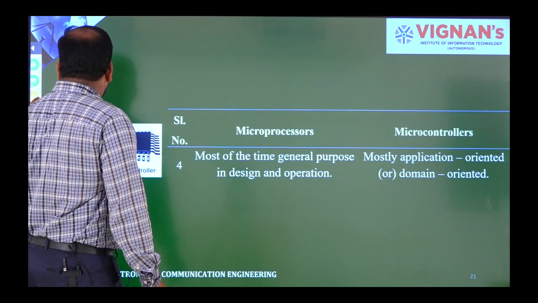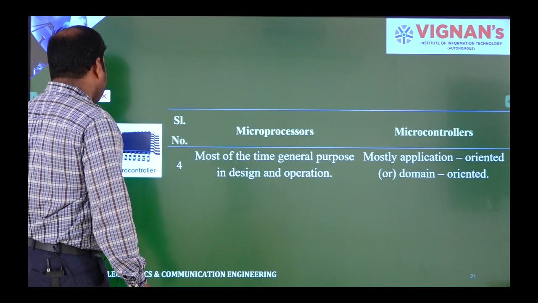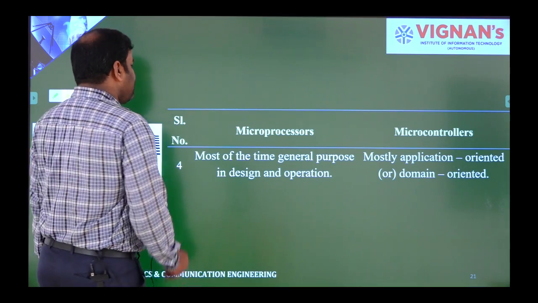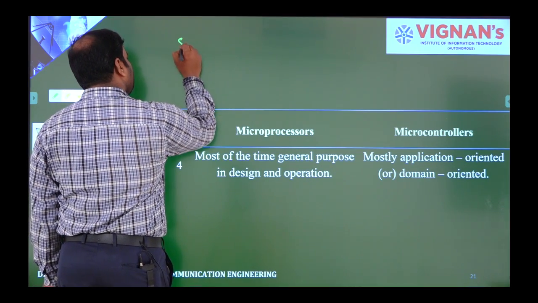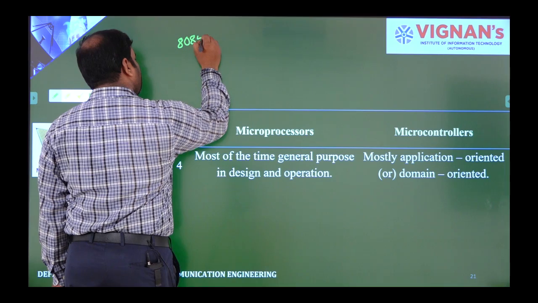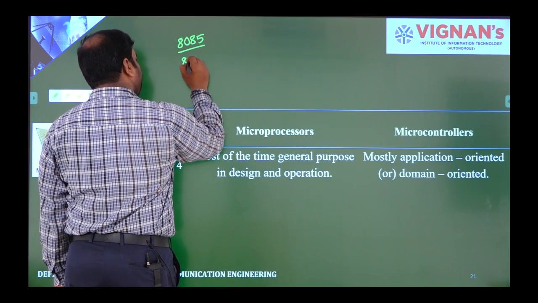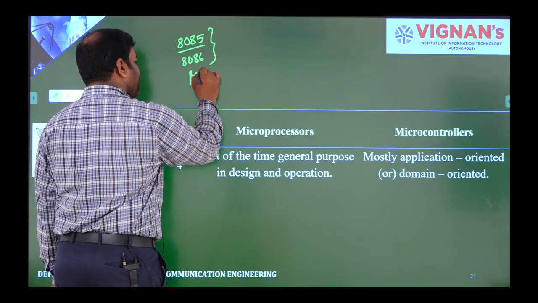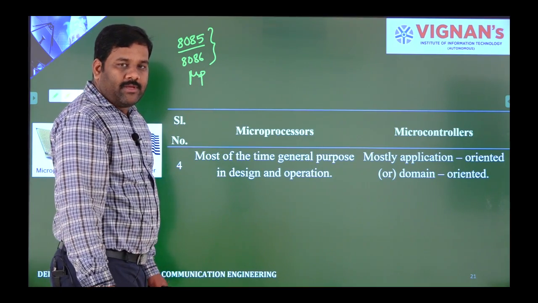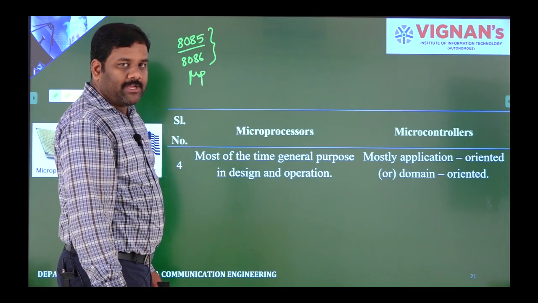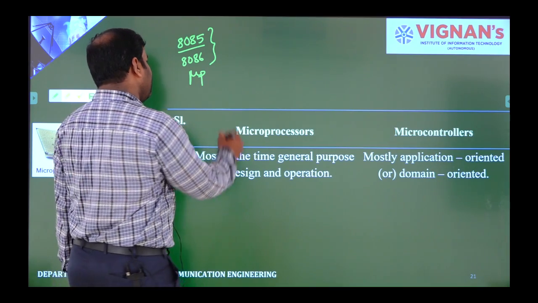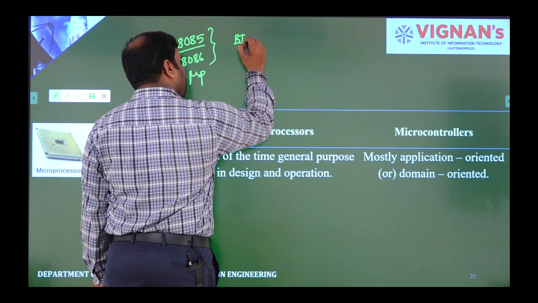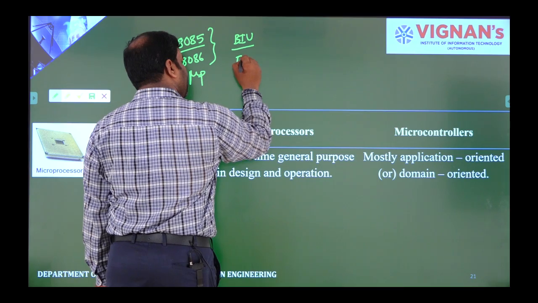Next one is that a microprocessor is general purpose in design and operation. Design means, I have 8085 or 8086, which are examples of microprocessors. As you already studied in microprocessors and microcontrollers, the architecture of 8085 consists of BIU along with EU.